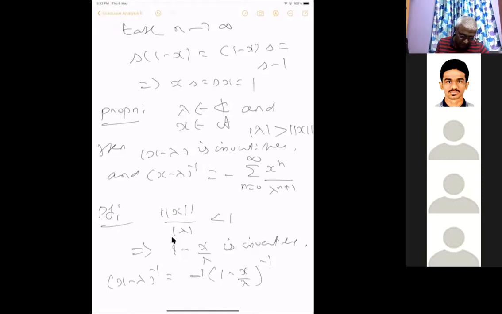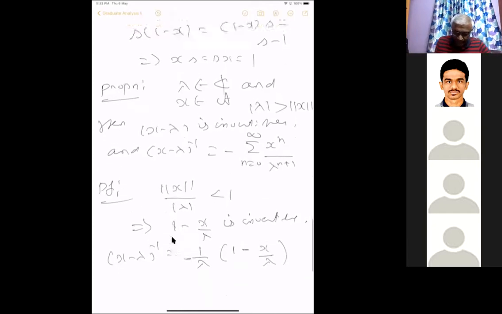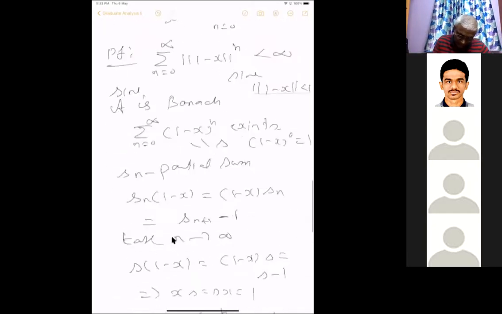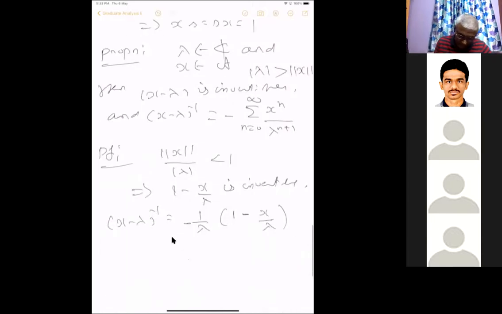So this should be 1 by lambda into 1 minus x by lambda inverse. There is some multiplication by lambda here. Let me just write this sum, so it will be clear.